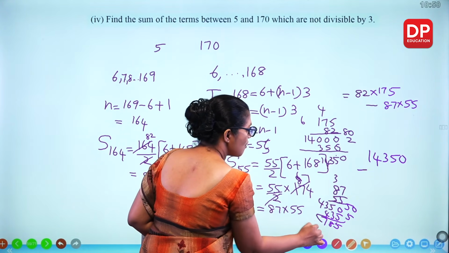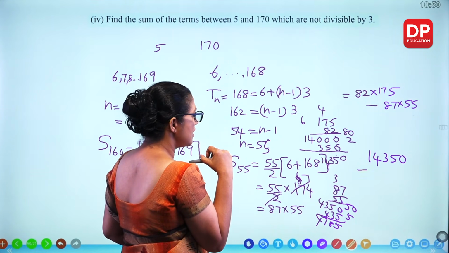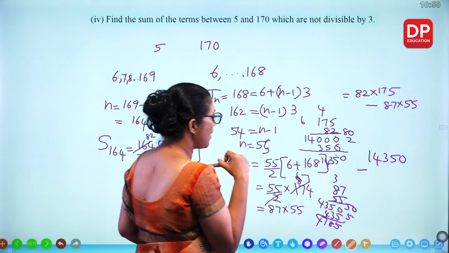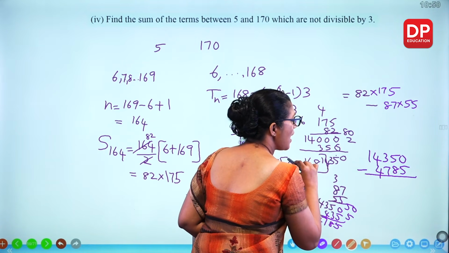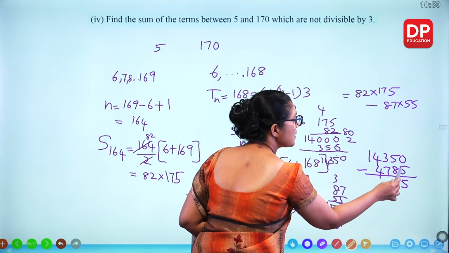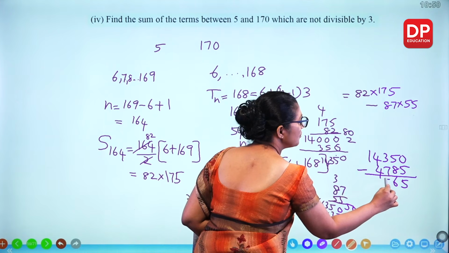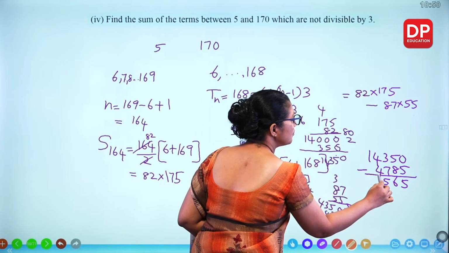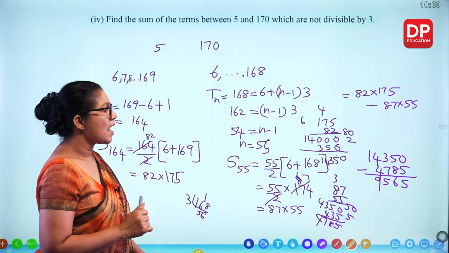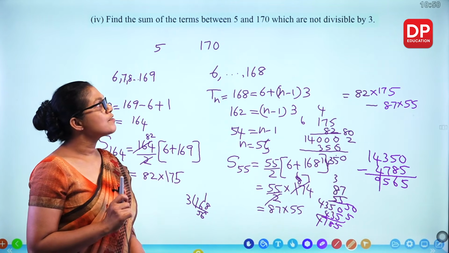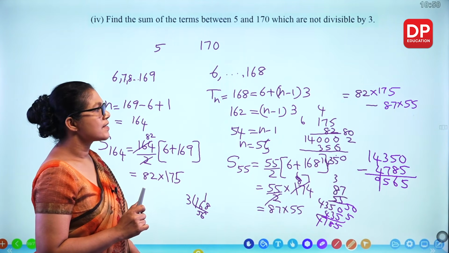You get 4,785. When you subtract, you get 9,565. So the sum of all the numbers not divisible by 3 is 9,565.